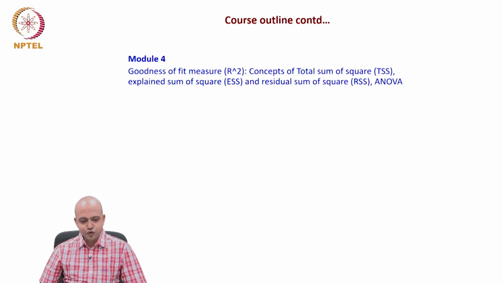One is called total sum of square, explained sum of square, and the residual sum of square. So, as in econometric analysis, the objective of the regression analysis is to explain the total variation in your dependent variable with the help of the explanatory variable that you have collected.